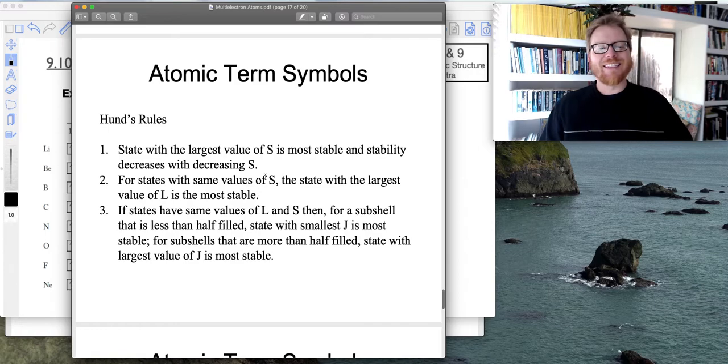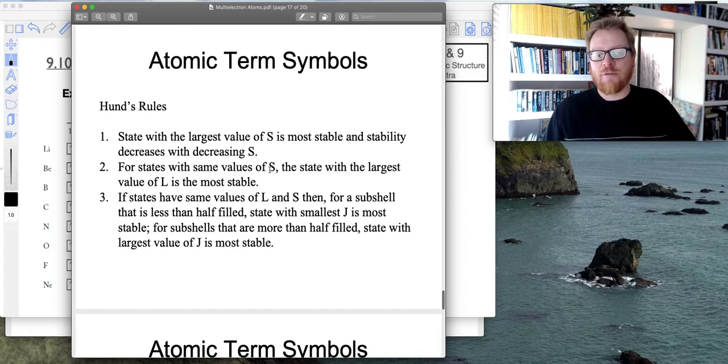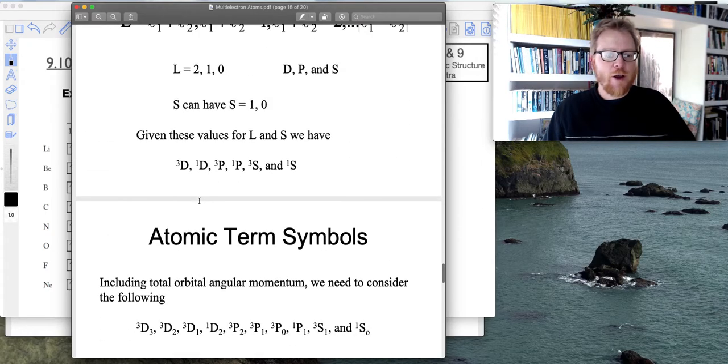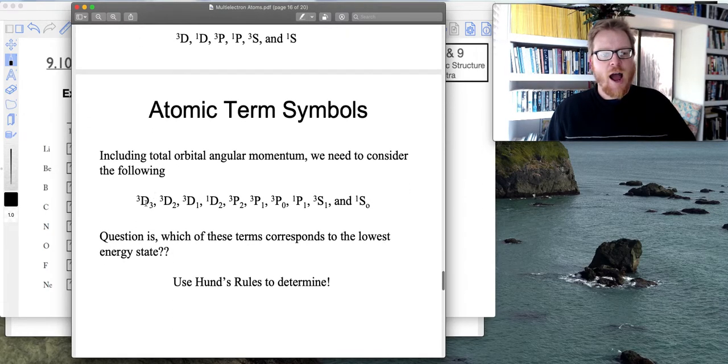For states with the same value of S, the state with the largest value of L is the most stable, okay? So if I go back to this list here, all of the triplets are the most stable: the triplet D, the triplet P, and the triplet S. Well, the one with the largest value of L is the most stable.